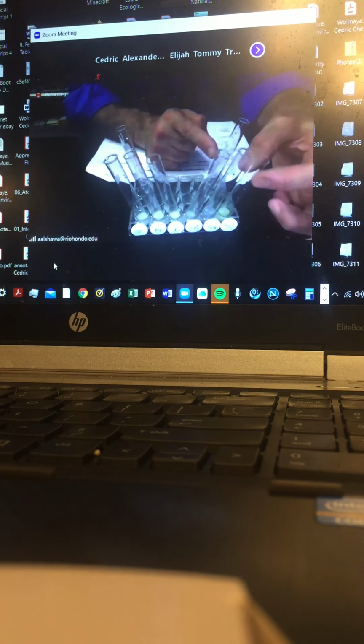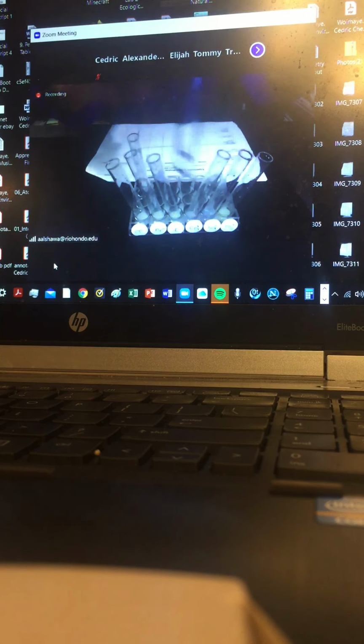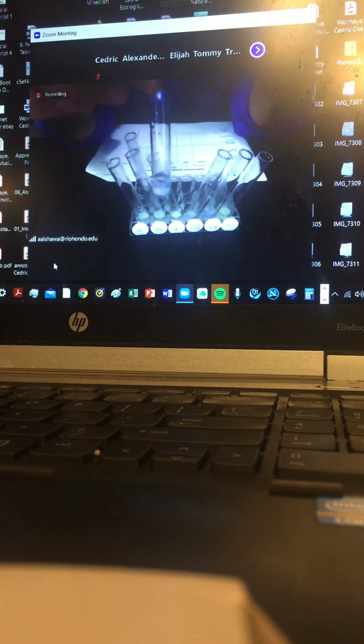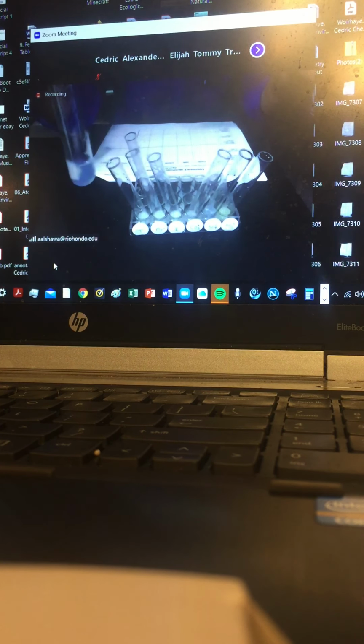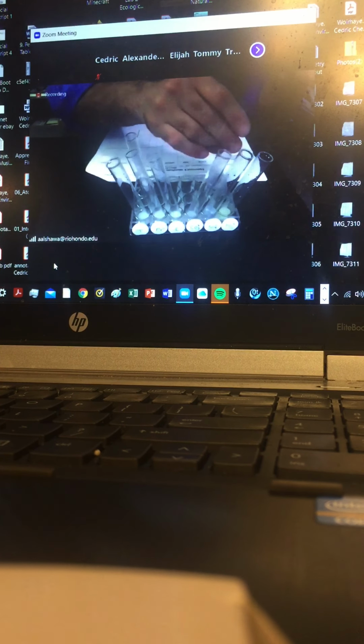Okay, so here's the outcome. I'll do the same, adding 2 drops to unknown 2, and just add 1 more. Okay, so it has that shade, that color, that outcome.